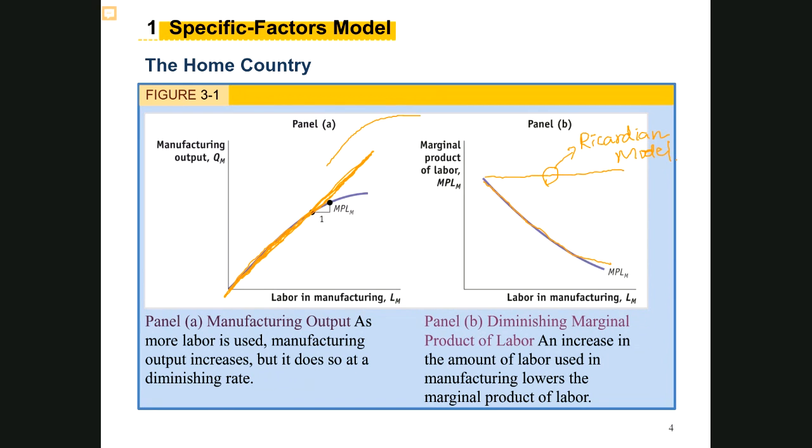You will have constant returns. That's the difference. And this is simply because I now have another additional production input, which is capital in manufacturing and land in agriculture.